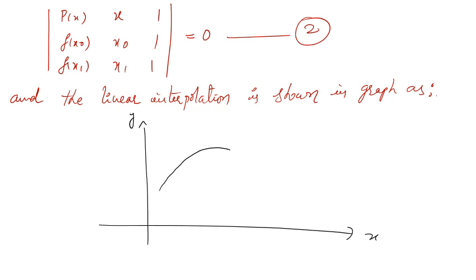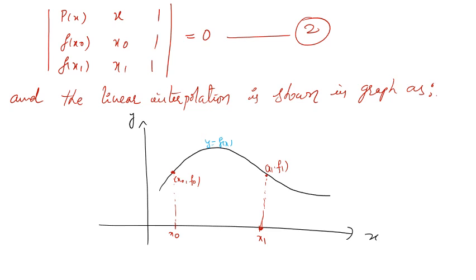This is my graph, for example. Let me take this point as x0 and another point as x1. At x0, this point is x0 comma f0 value, and similarly this is x1, and this point is x1 comma f1 value. And this curve is y equal to f of x.